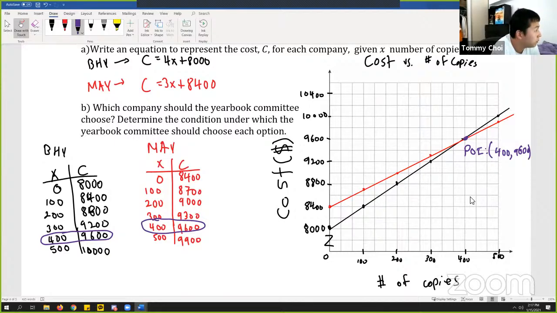Which company? Option A before $9,600 of cost.